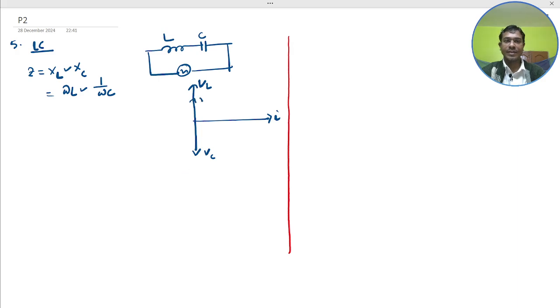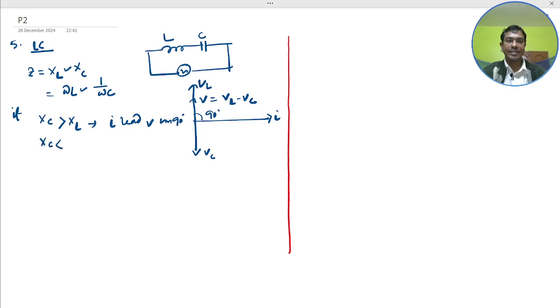So here V is equal to VL minus VC, and this is 90 degree. So if XC is greater than XL, so I leads V by 90 degree.